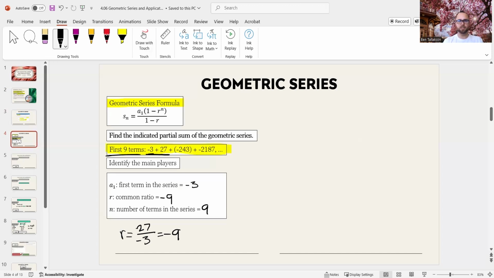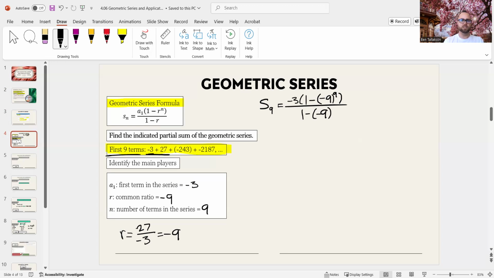How nice is that? Let's put it all together. S sub n, the sum of the first 9 terms, is equal to a sub 1. Okay, we have a double negative. Be very careful. N up top, and then double negative again, since R is -9.